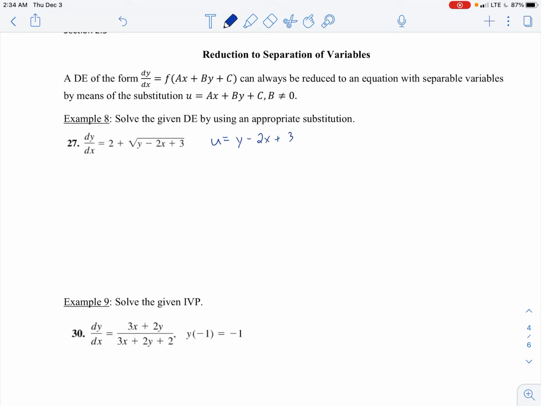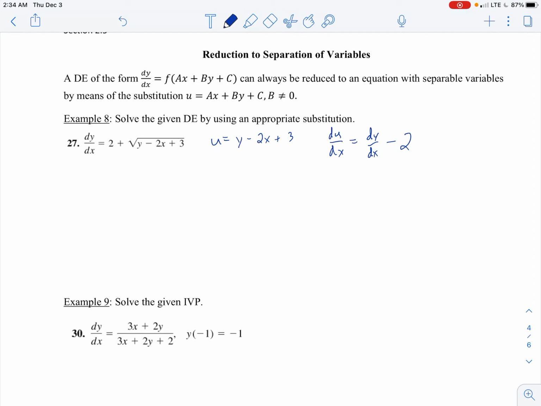And now we want to substitute for that dy over dx, so we're going to take the derivative with respect to x on both sides. So we do du over dx, and on the right hand side we take the derivative, which is some implicit differentiation. When we take the derivative of y, we get 1 times dy over dx, minus 2, and then the plus 3 goes to 0.